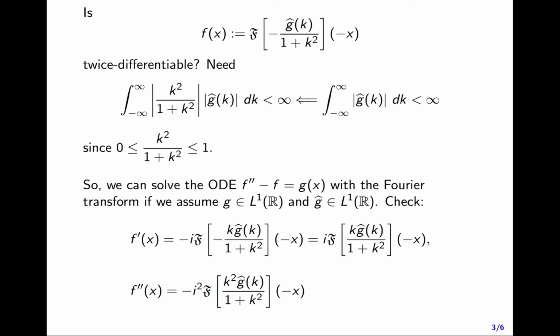Differentiate it again to get f double prime equals minus i squared times the Fourier transform of k squared times g hat of k over 1 plus k squared at minus x, which just becomes the Fourier transform of k squared g hat of k over 1 plus k squared at minus x. So here I'm using all the properties of the Fourier transform's derivative from the previous slide.